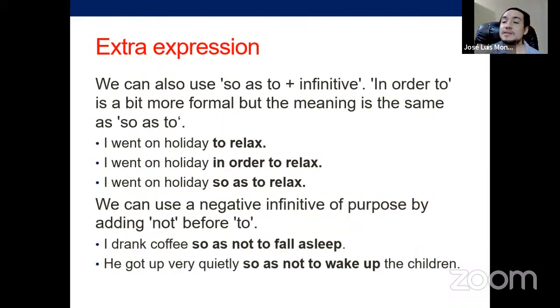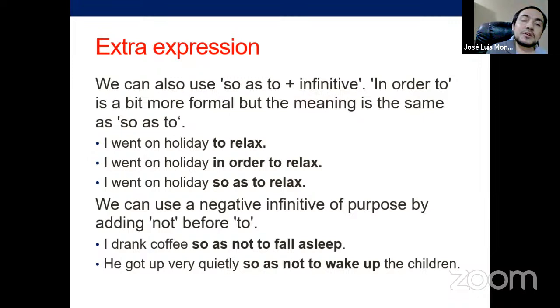Now, this is the alternative, and with this we're going to be finishing the class. We can also use so as to plus infinitive. That's the alternative. In order to is a bit more formal, but the meaning is the same as so as to. So these three ways are correct. They are the same.